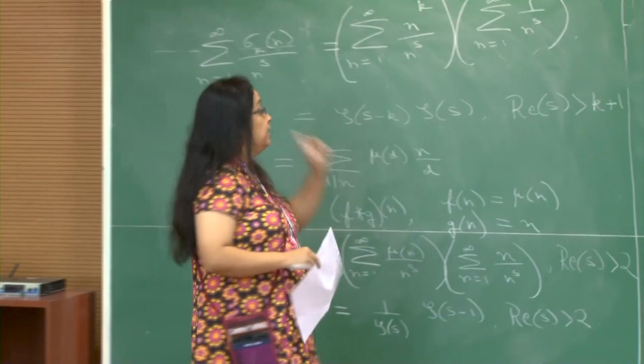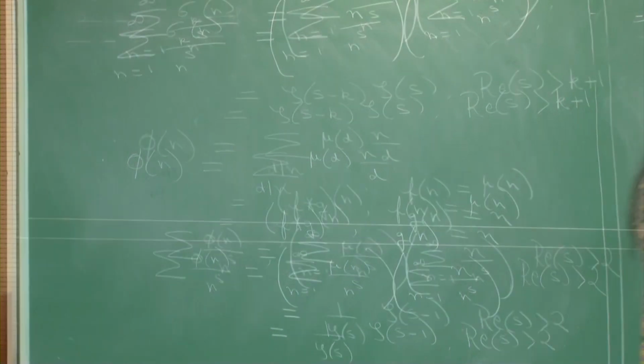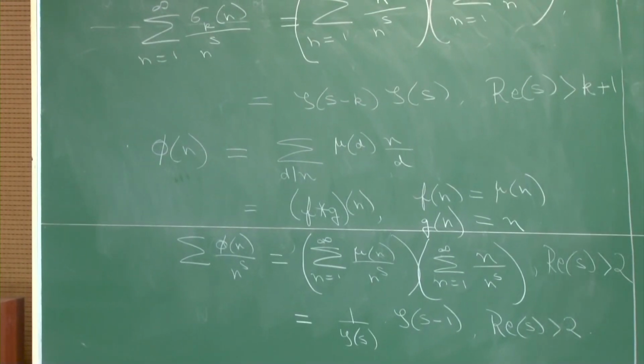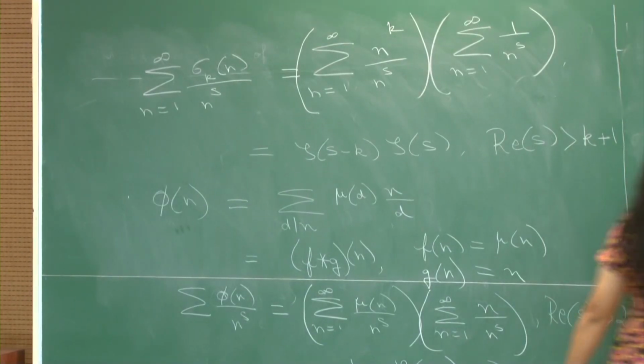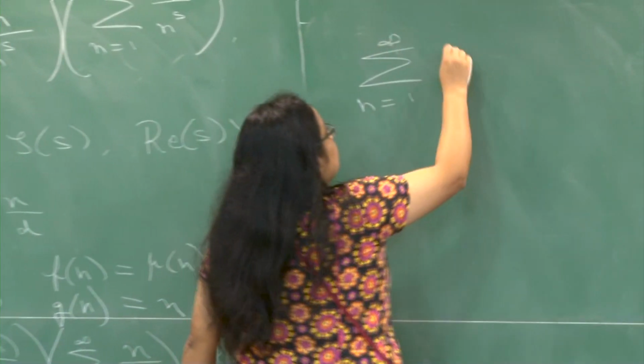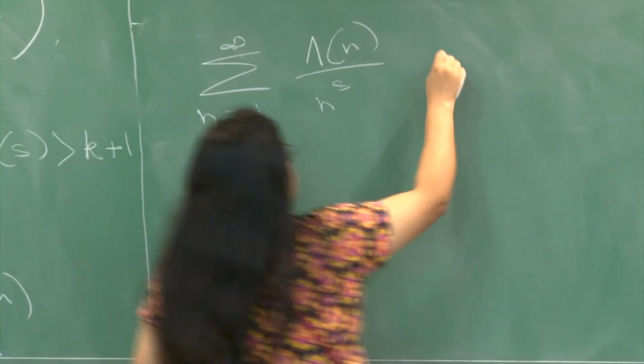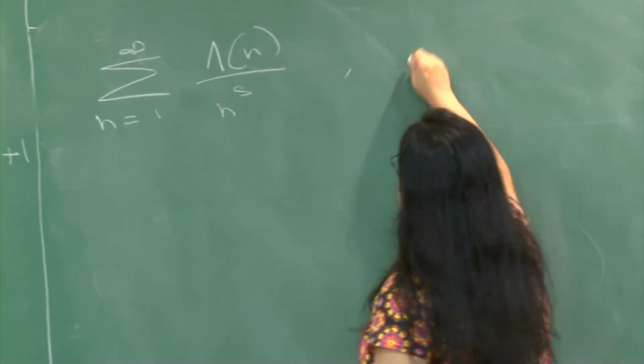In particular, one very important Dirichlet series that we study is that which leads us to the prime number theorem. So, take the von Mangoldt function. Here is an exercise for you.